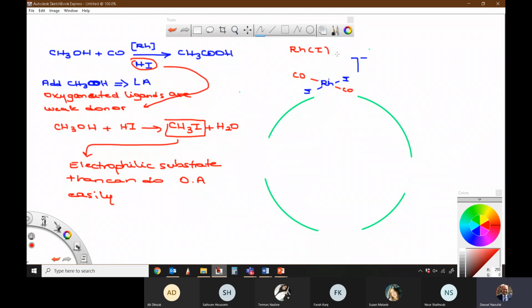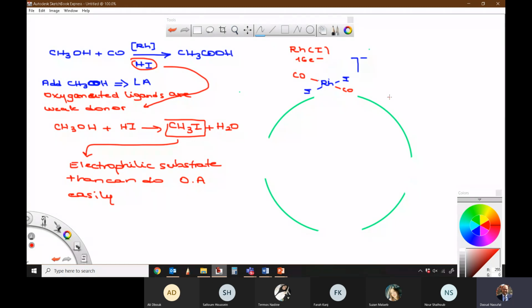The rhodium 0 is d9, so the rhodium 1 is d8. d8: 2, 4, 6, 8, and 8. So this is 16 electrons. The oxidation state and the electronic count should be mentioned in your catalytic cycle.